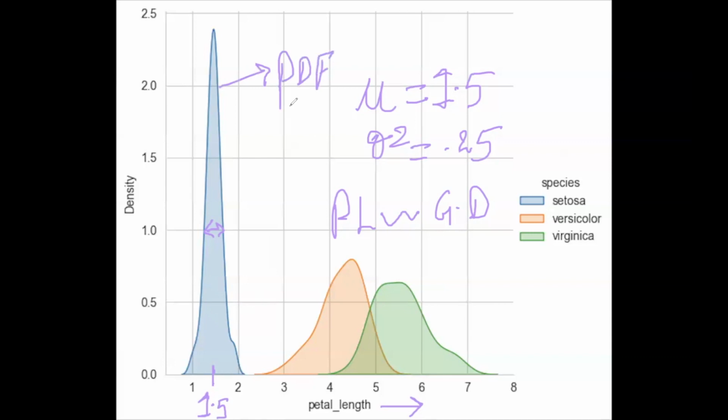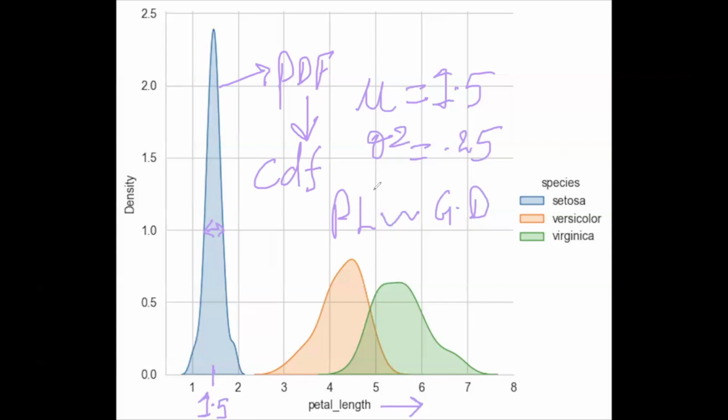Now, as soon as I know how the PDF looks like, I can compute my CDF. CDF is cumulative distribution function, right? So all the information in the 50 observations of the iris flower data set can be summarized very succinctly by using these two values.